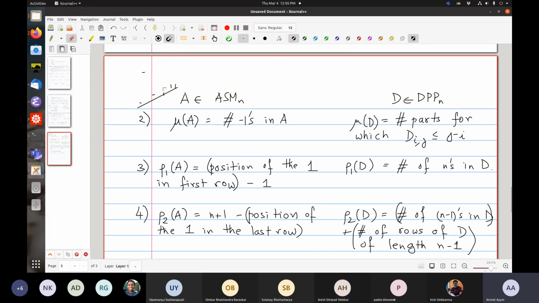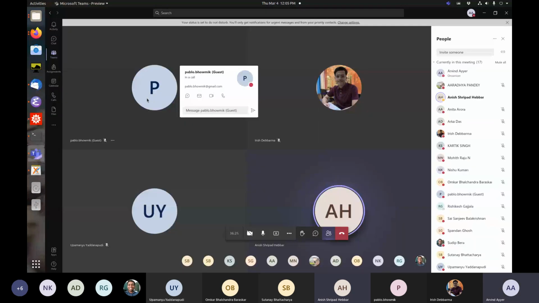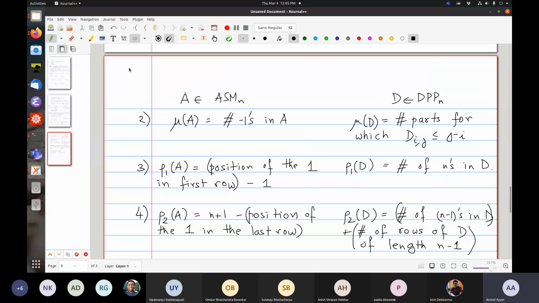Is that just an example, or can you prove that it's a maximal value? If you take n odd, then you can see it. The sole non-trivial ASM of size 3 is that special case.